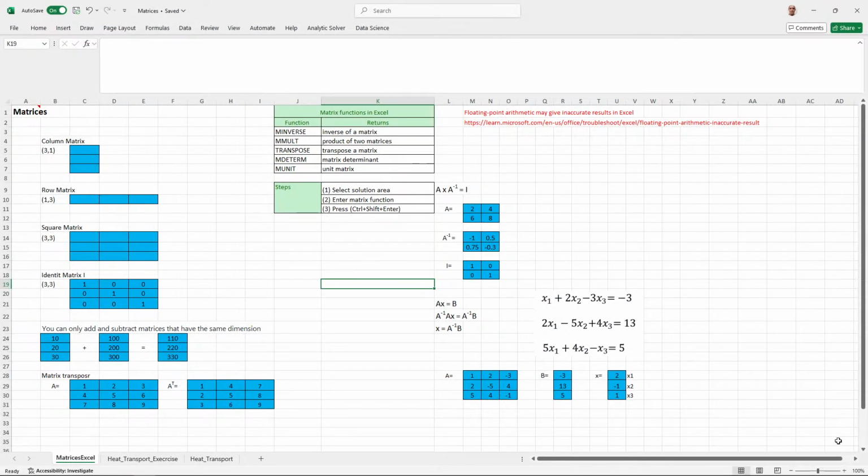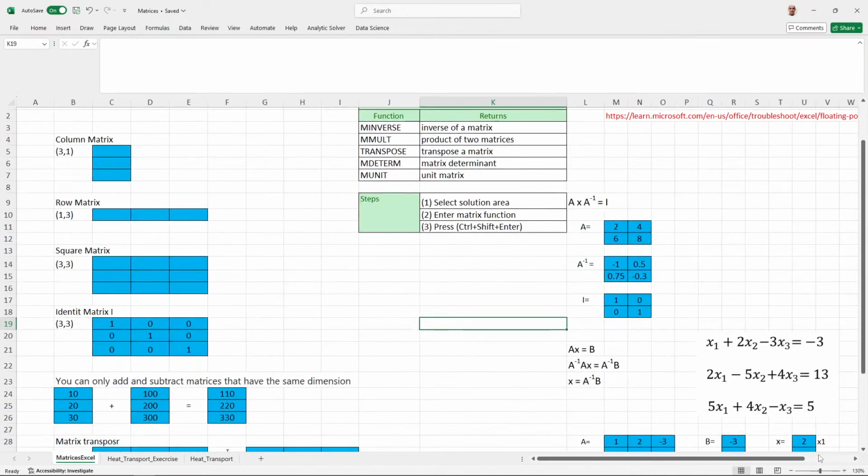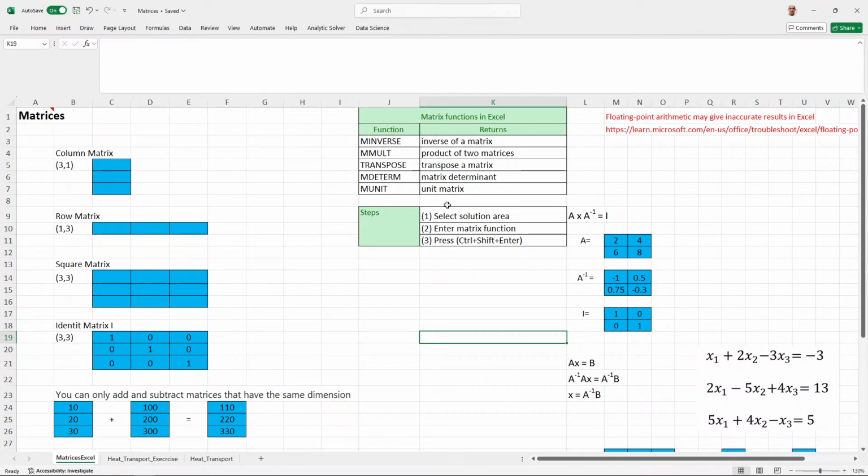So with Excel, here are the basic steps. These are the Excel functions. MINVERSE will find the inverse of a matrix. MMULT is the product of two matrices. TRANSPOSE is the transpose of a matrix.